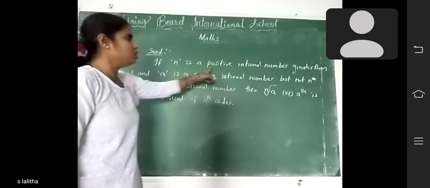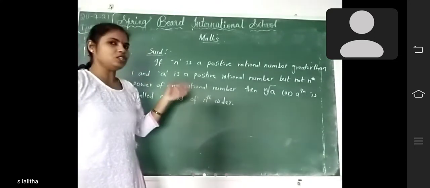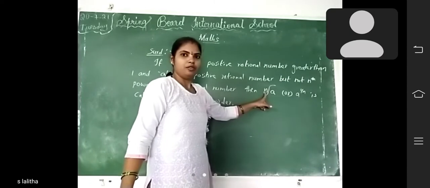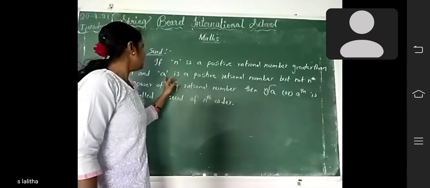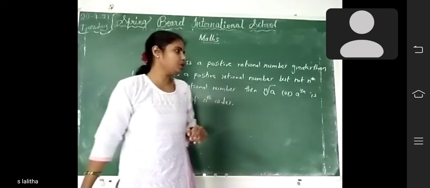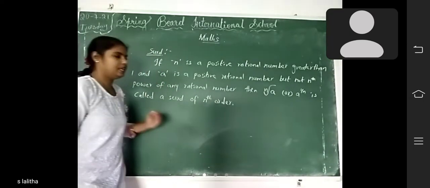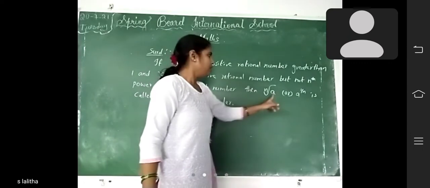Okay, so what is the definition meaning here? N is a positive rational number greater than 1. Greater than 1 means you have to take from 2 onwards. So here n, you have to take 2, 3, 4, like that square roots. Okay. And next, a is a positive rational number but not nth power of any rational number. That means you didn't take the same number of rational number. Okay. Nth power.